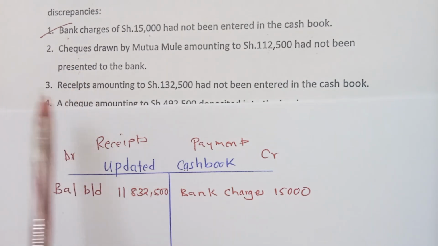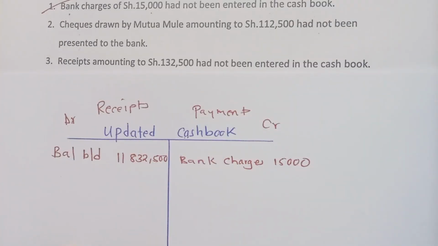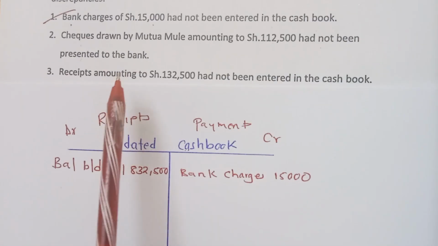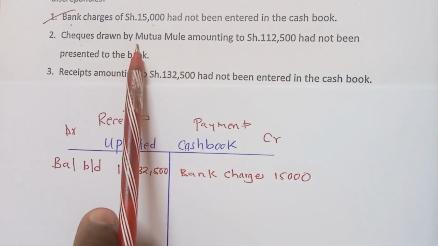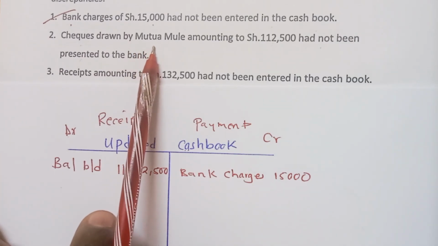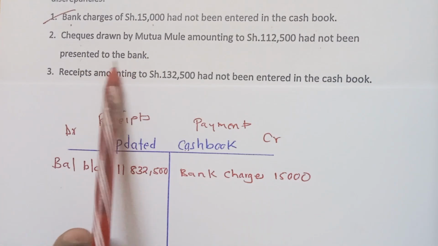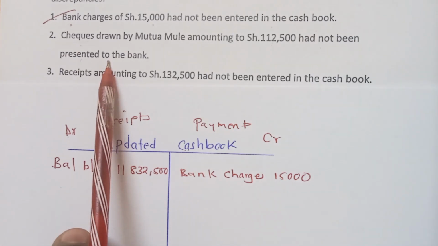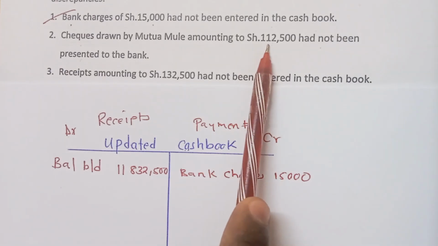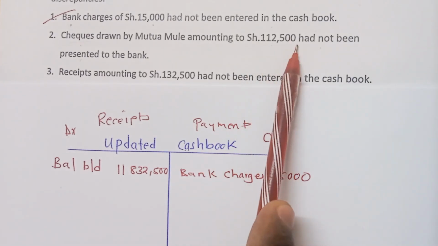So obviously after Mutua Mule received this check, he recorded it in the cash book, but the check was not presented to the bank. Meaning if the bank has not yet received this particular check, there is no information in the bank pertaining to this transaction that took place amounting to 112,500 shillings.